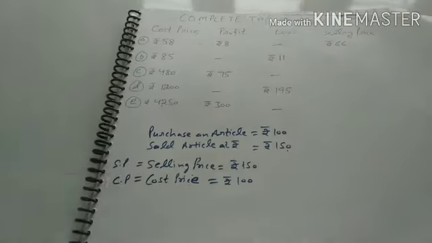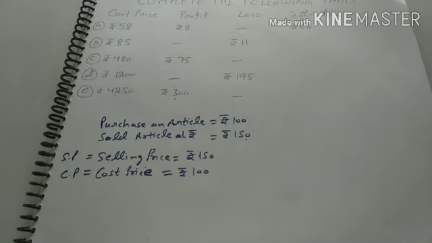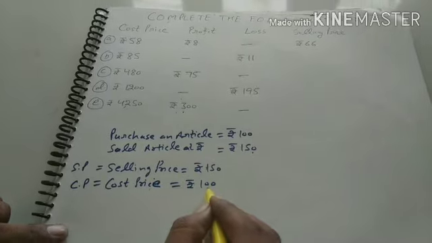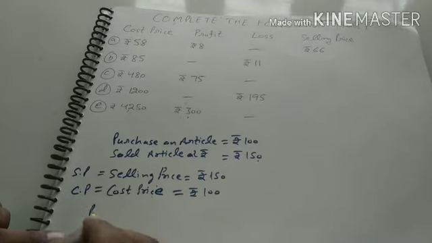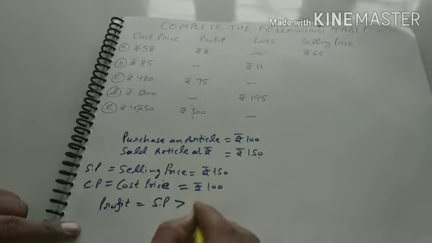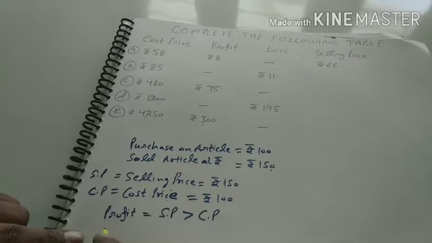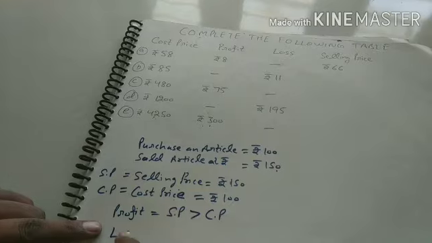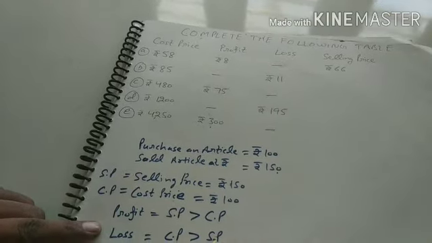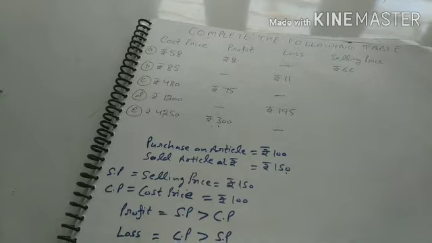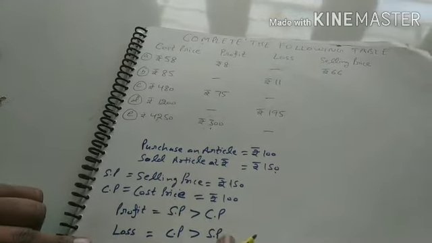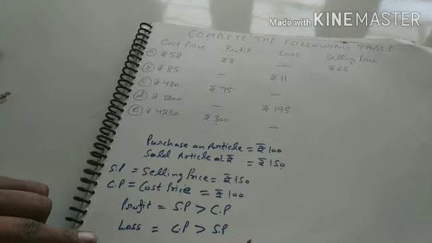You may see that if the selling price is more than the cost price, then I will get profit. In case of profit, selling price is always greater than cost price, and if there is loss, then cost price is greater than selling price. Both profit and loss can be found by subtracting the lower one from the greater one.